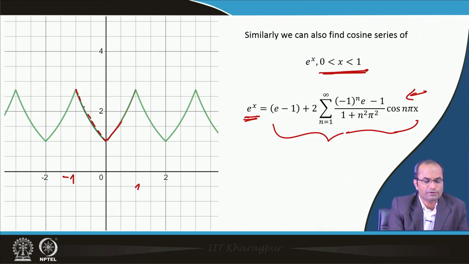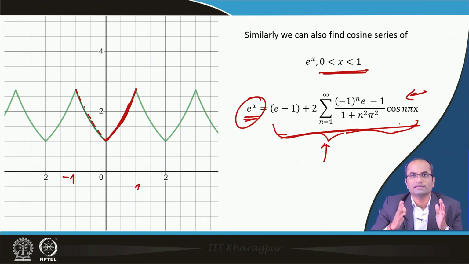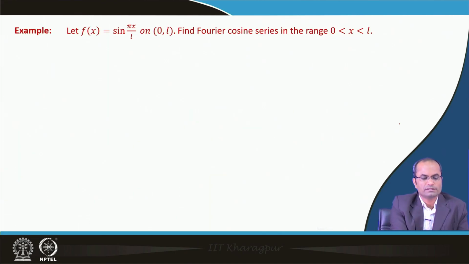So, the same function e power x in this region is now represented by pure cosine terms, but it is also converging to the same exponential function. So, we have e power x completely in terms of cosine. In the previous slide, it was written in purely sine terms. Well, so we can proceed now to another example.